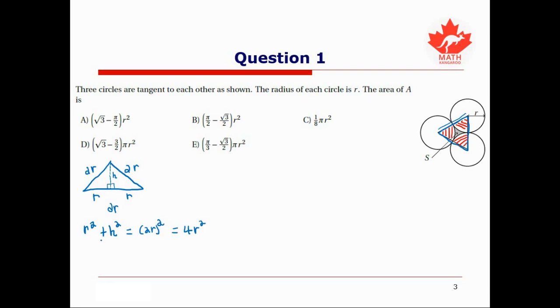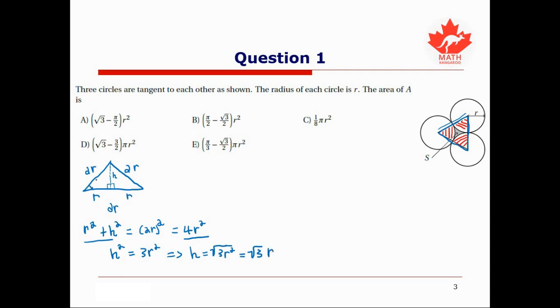And so if I want to isolate h in this equation, I can subtract r squared from both sides and get that h squared must be equal to 3r squared. And that in turn will imply that h is equal to the square root of 3 multiplied by r squared. And since the root of the product is the product of the roots, this is just equal to the square root of 3 multiplied by r.